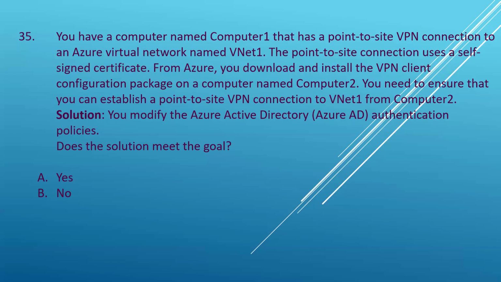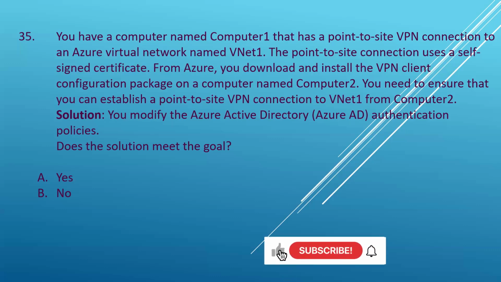So before going to answer this question, try to understand the question in a better way. This is a very big question, so break it into small statements. See what is the meaning of the first statement, what they are trying to convey in the second statement, and then what they are asking in the closing statement. So the first statement basically here is you have a computer named Computer 1 that has a point-to-site VPN connection to Azure Virtual Network VNet1.